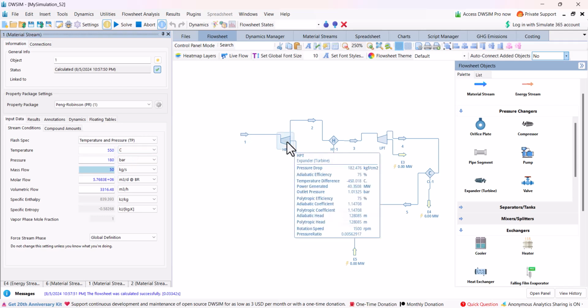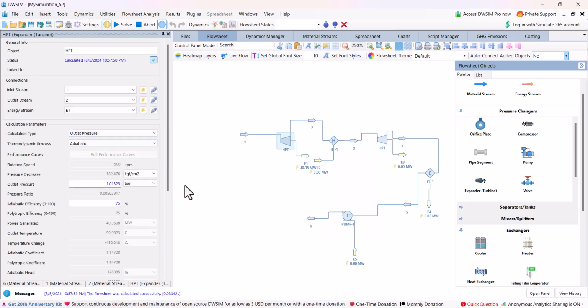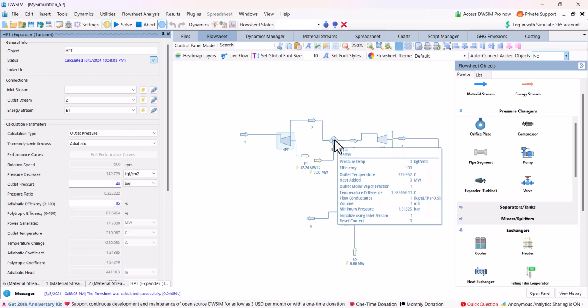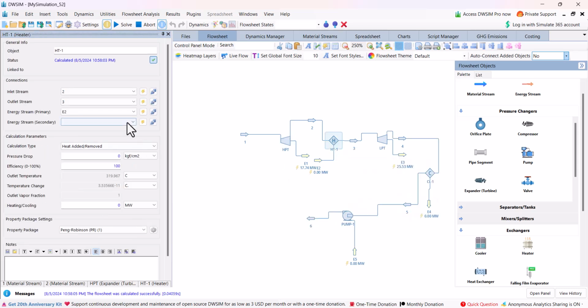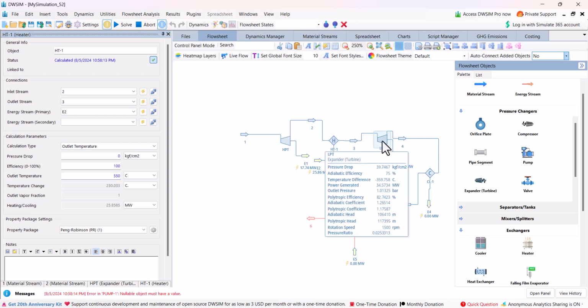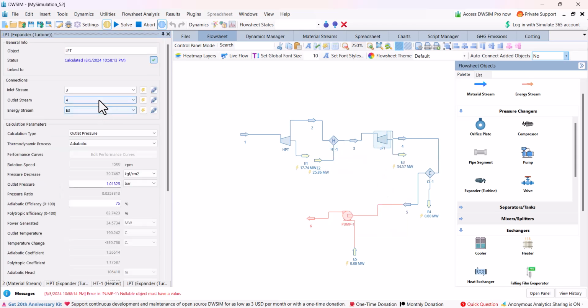In the high pressure steam turbine, the outlet pressure was 40 bar if you remember, and the efficiency of the turbine was 85%. Then in the reheater, it was reheated to an outlet temperature of 550 degrees Celsius again, and in the low pressure steam turbine, the outlet pressure was 0.04 bar.